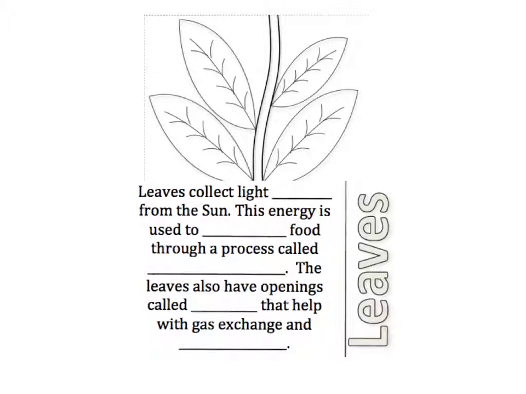So for the fill in the blanks, you should have leaves collect light energy from the sun. The energy is used to produce, you could also say to make, food through a process called photosynthesis. The leaves also have openings called stoma, and we're going to clarify why that's not referred to as a stomata here in a little bit when we talk about the structures that we see on a leaf.